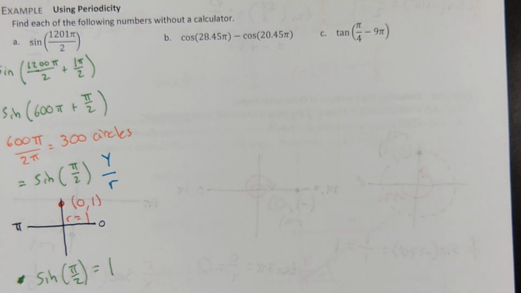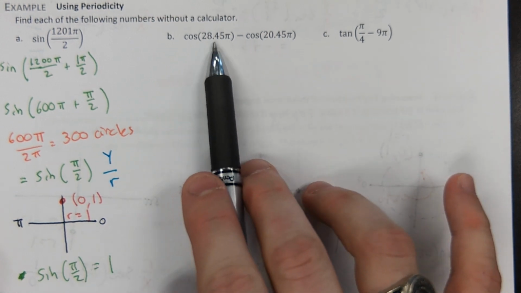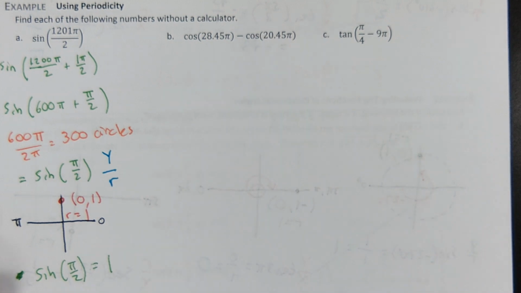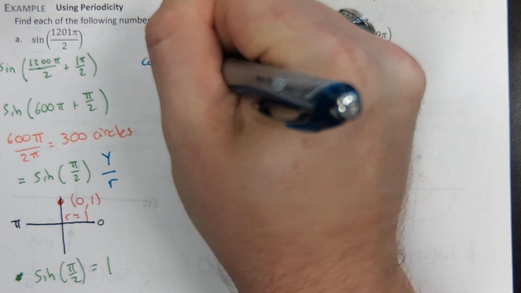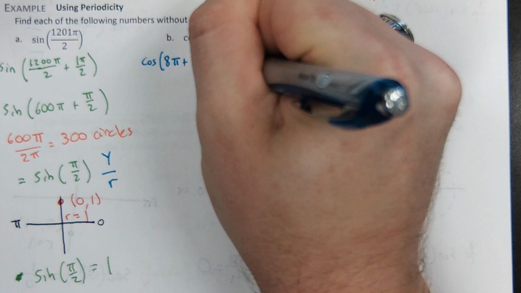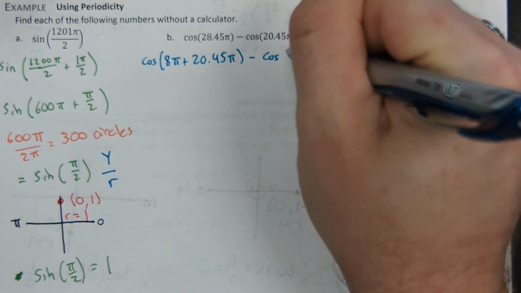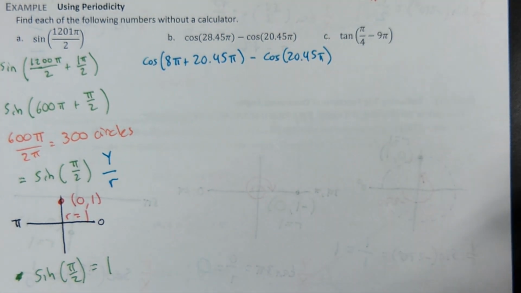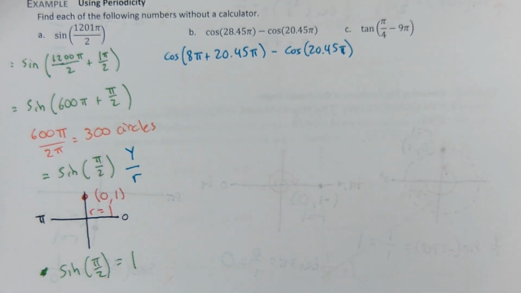But what you can do is notice that this argument is exactly 8 pi more than this argument. And do you know what these 8 pi are? What is 8 pi?